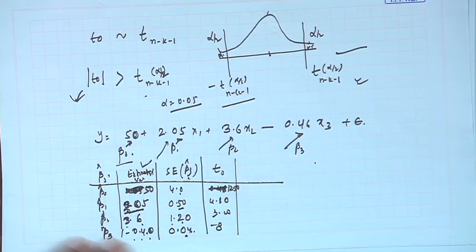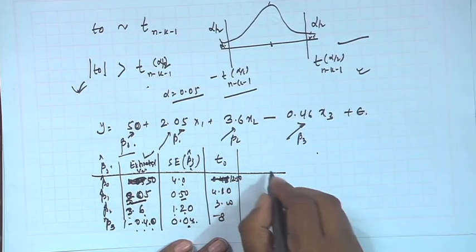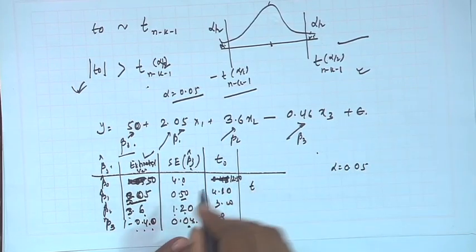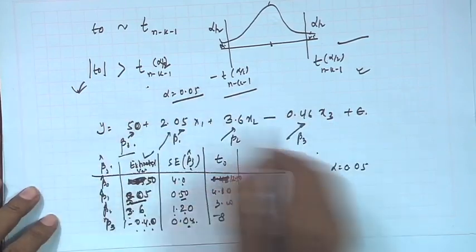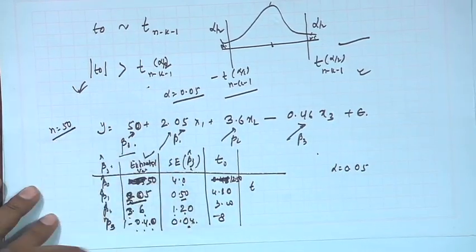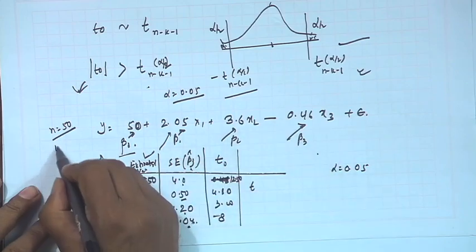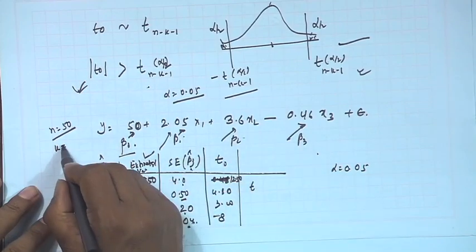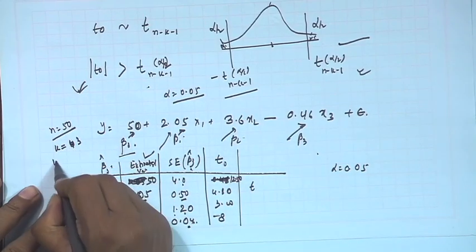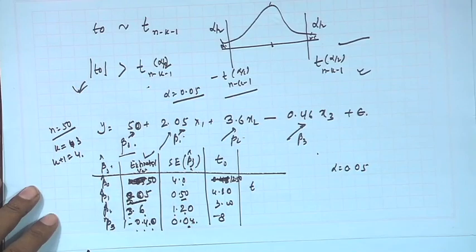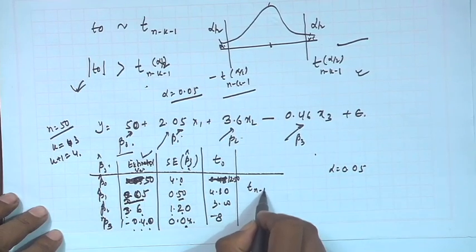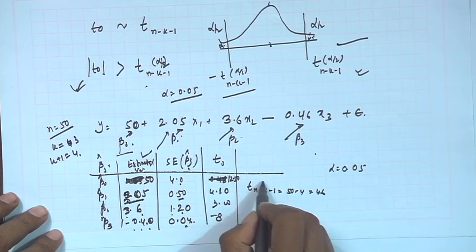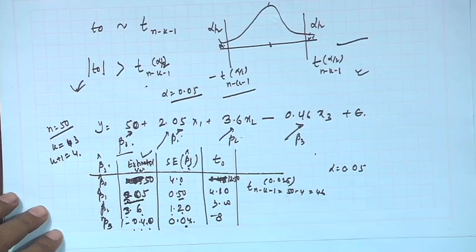Now, if you compare, suppose your alpha is 0.05. Suppose your sample size in this example is n equal to 50, and what is the k value? That means 1, 2, 3, so k is 3 and k plus 1 is 4. Then n minus k minus 1 will be 50 minus 4, that is 46, and alpha by 2 equals 0.025.